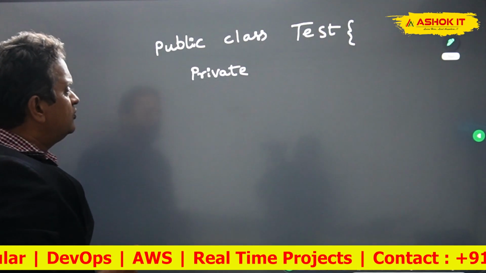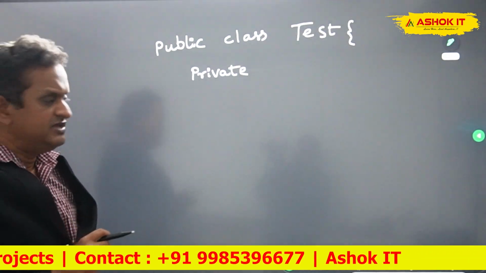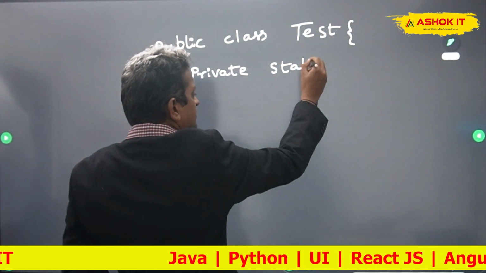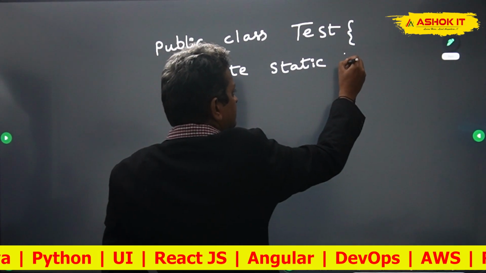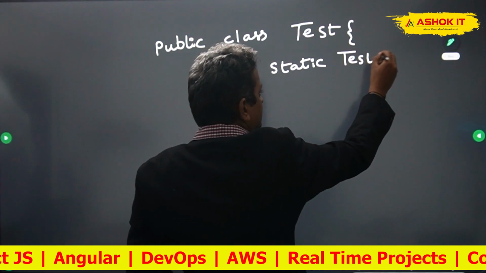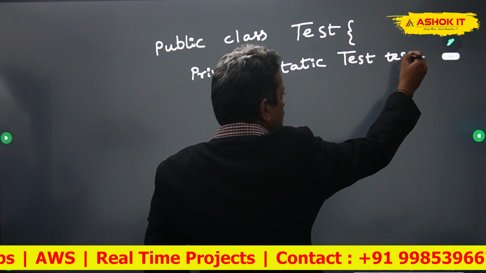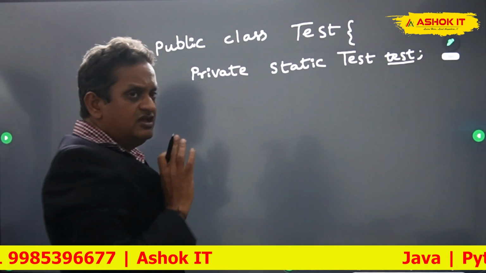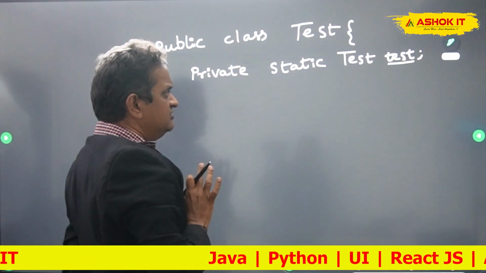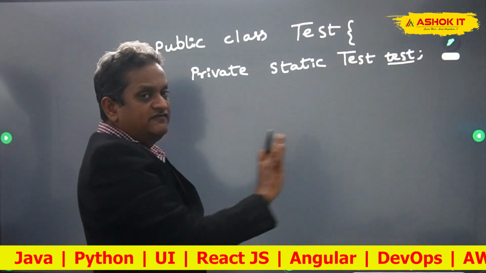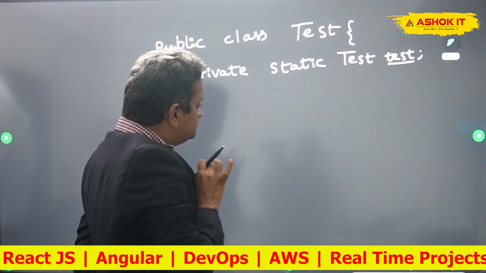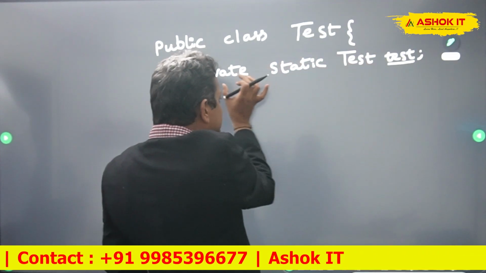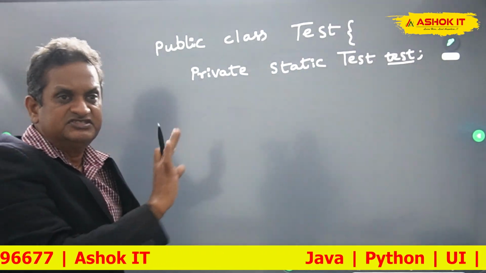One field we have to create: private static Test. This Test is the reference of the object of the Test class. This is the private static field. Which class object we are going to create? It's a reference you create as a private static field. This is the first thing.